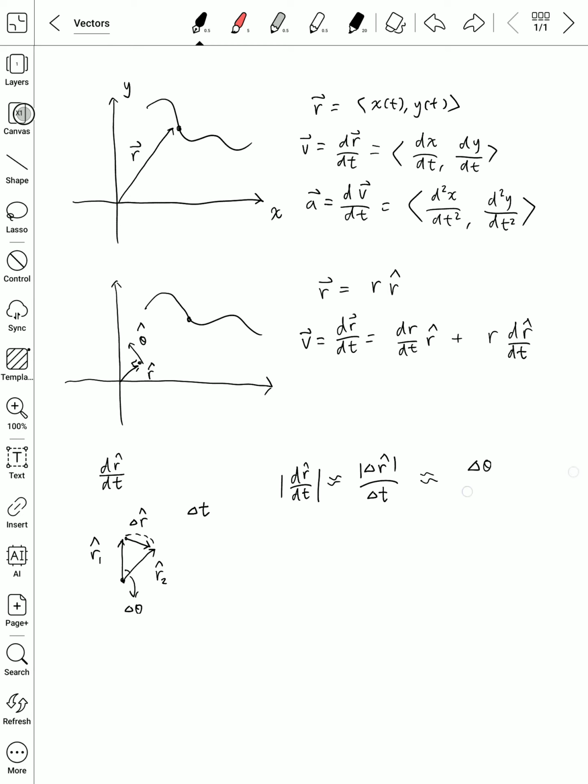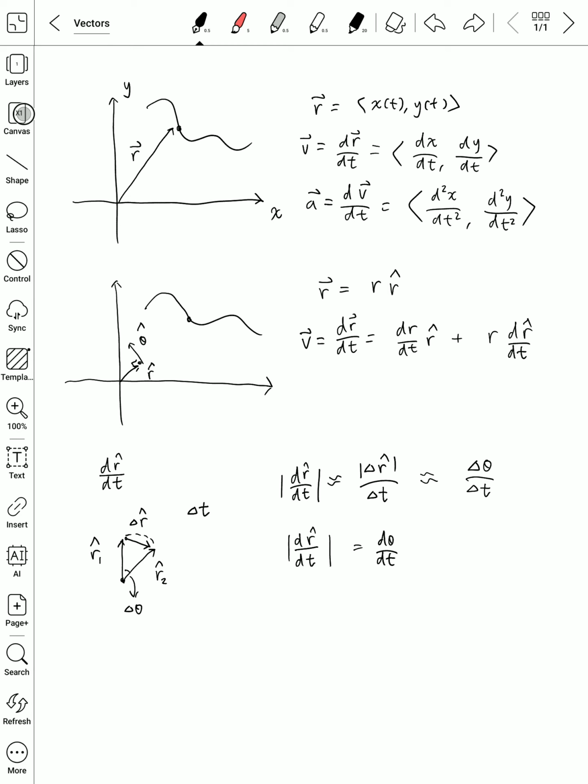Delta zeta over delta t. And as delta t approaches 0, we get d zeta dt, and some would recognize this as angular velocity. Alright, so now we have the magnitude of dr hat dt.